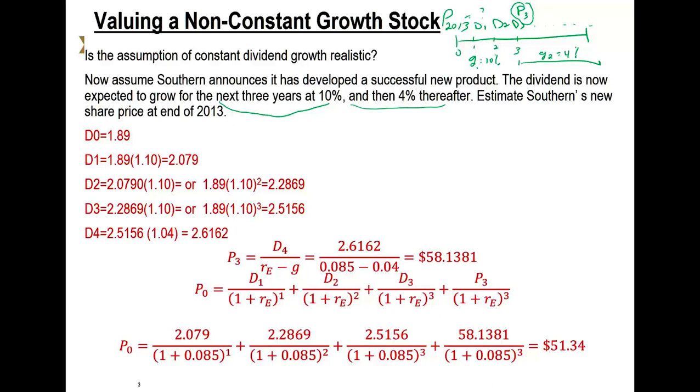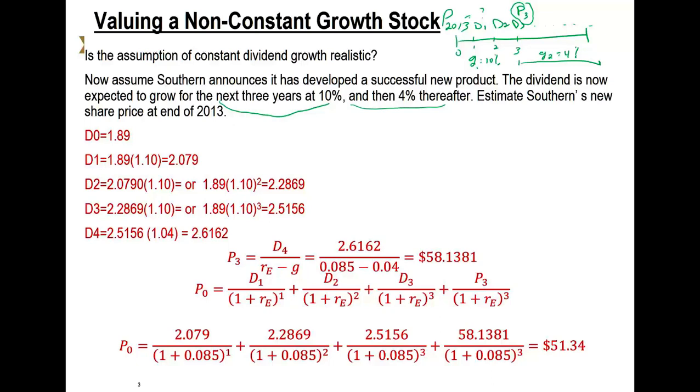Why is the stock valuable at the end of year 3? The stock is valuable because it offers payments. So the value at the end of year 3 is the present value of payments expected after year 3, which are dividends 4, 5, 6, 7, and so on. So P sub 3 is really the present value of all dividends after year 3.